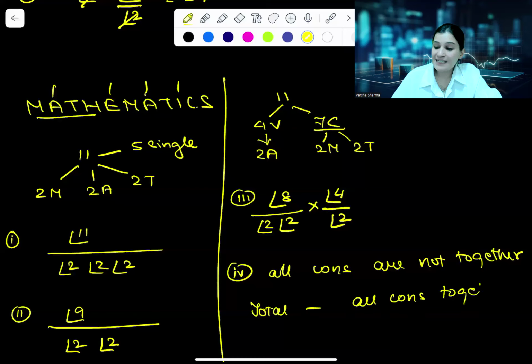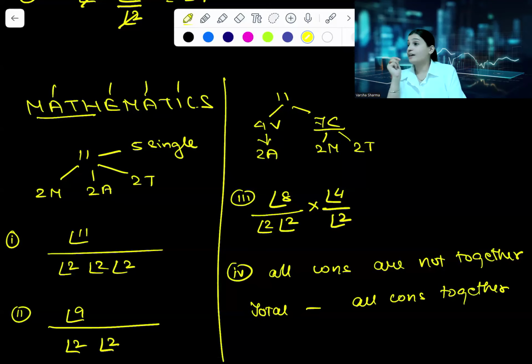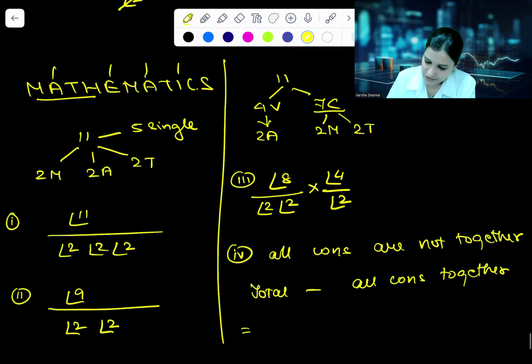Because I have a problem with all seven being together. I don't have a problem with six. I don't have a problem with five being together or four being together or three being together or two, or all of them different if it's possible. I only have a problem with one scenario, which is when all seven are together. So what do we do? Total. Total is 11 factorial divided by 2 factorial, divided by 2 factorial, divided by 2 factorial.